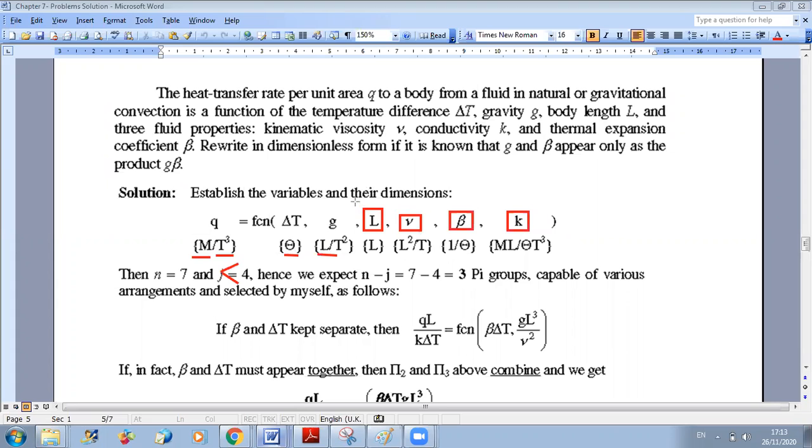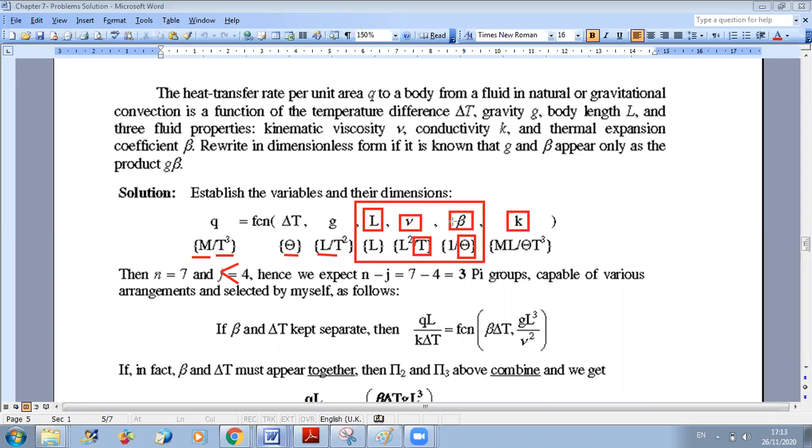Now we should check if we take these 3 alone, whether they can form a group or not. If you take the combination of these 3, it also cannot form a group. Why? Because theta is only present in beta, and T is only present in mu. So I can never obtain a group between L, mu, and beta.